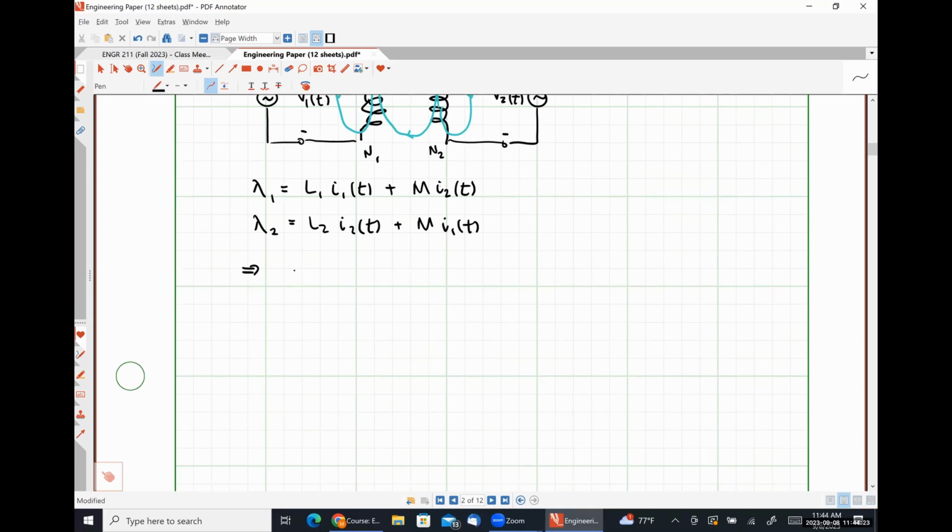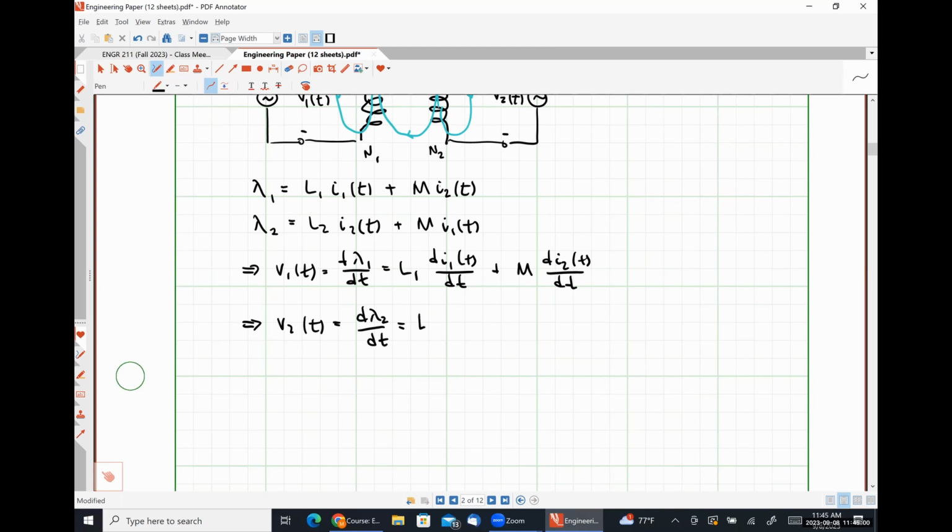So our voltage V1 of t is the derivative of flux linkage 1 with respect to time, which is going to look like L1 di1 by dt plus M times the derivative of I2. V2 will be the derivative of flux linkage 2 with respect to time, which is going to look like L2 di2 plus M times the derivative of I1 with respect to time. All right.